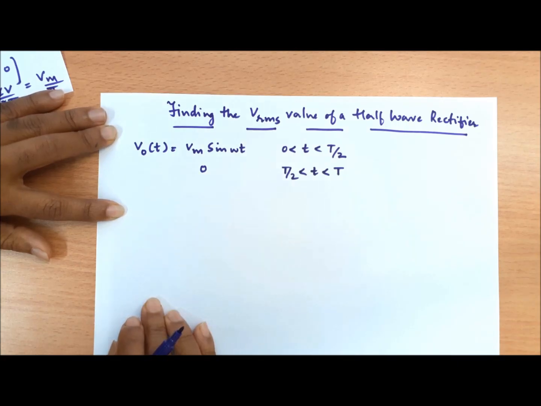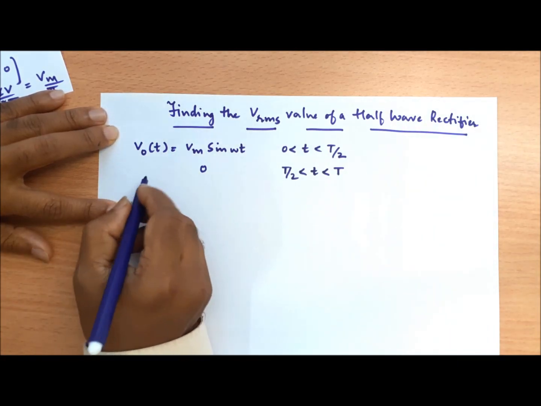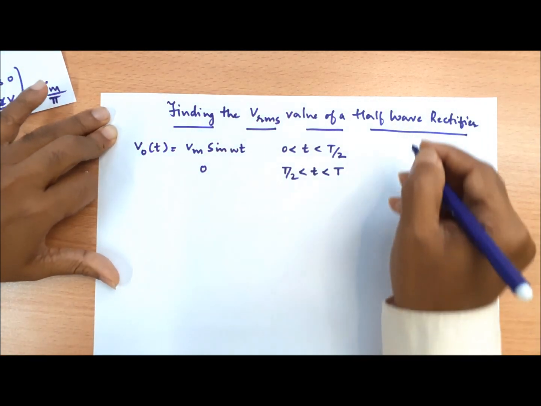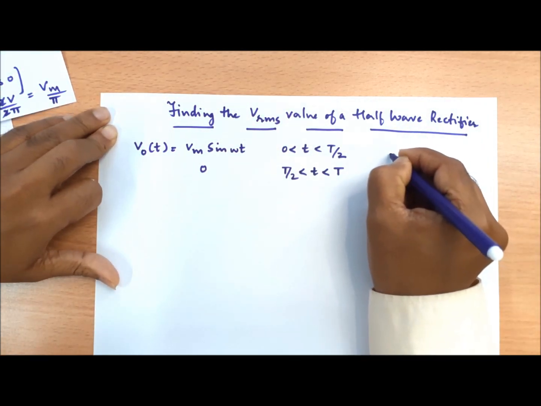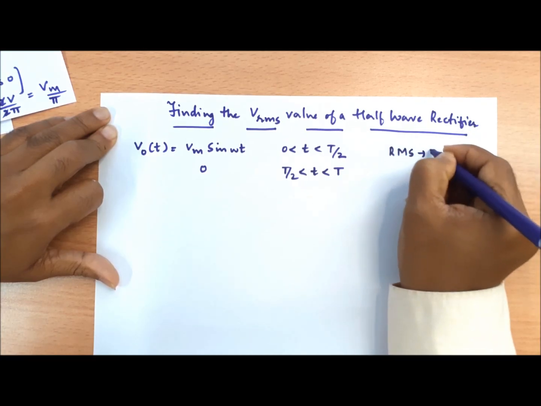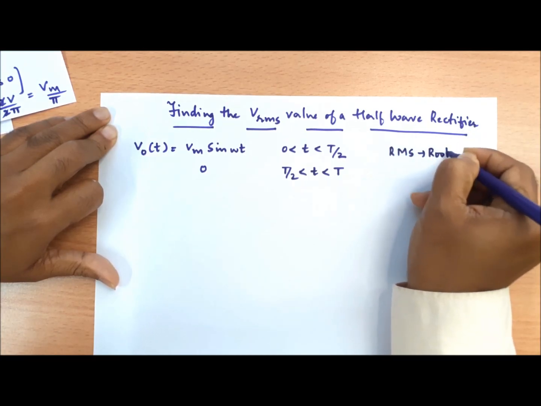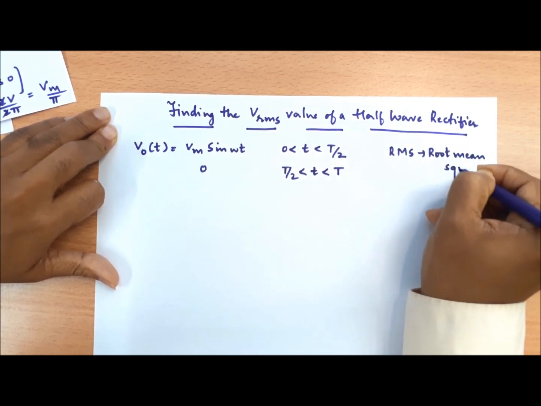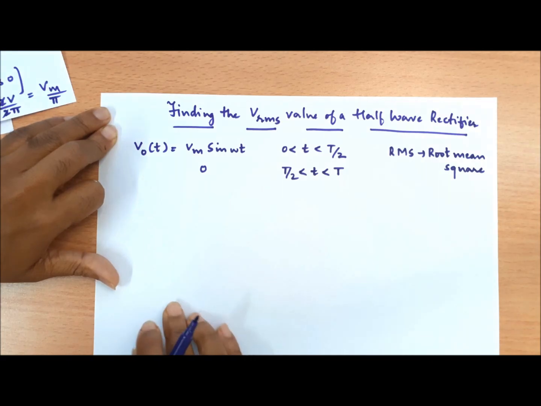Okay. Now, as far as the expression for VRMS goes, how can I express VRMS? See, RMS stands for root mean square.